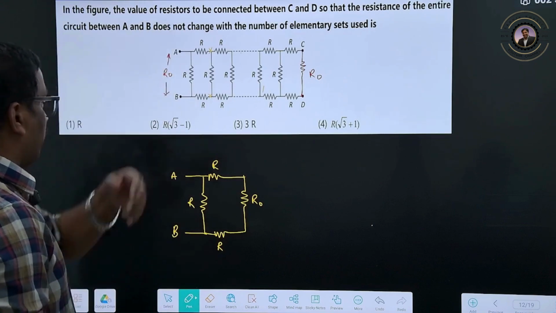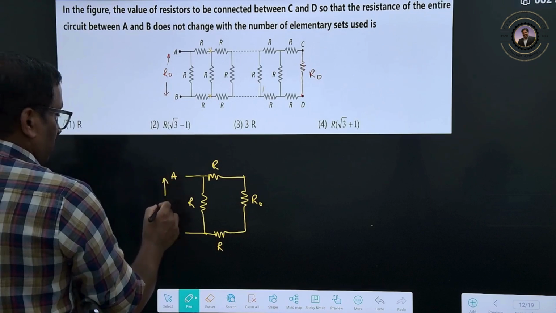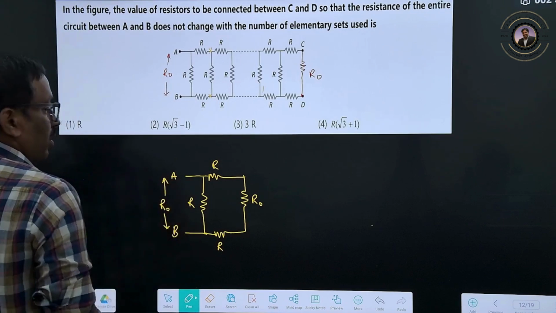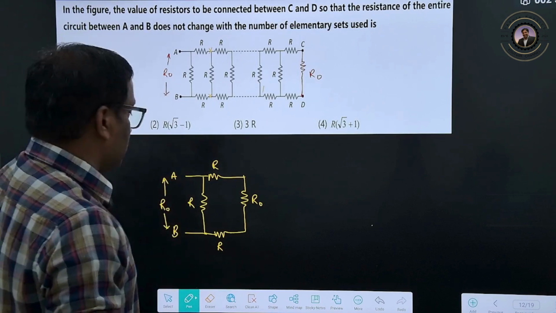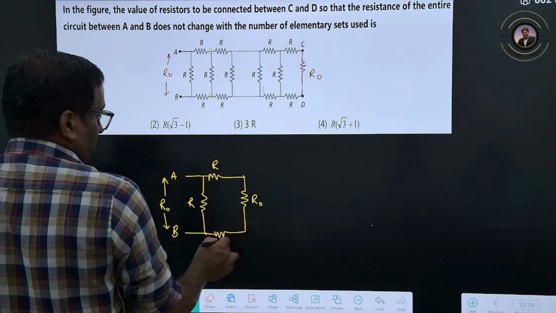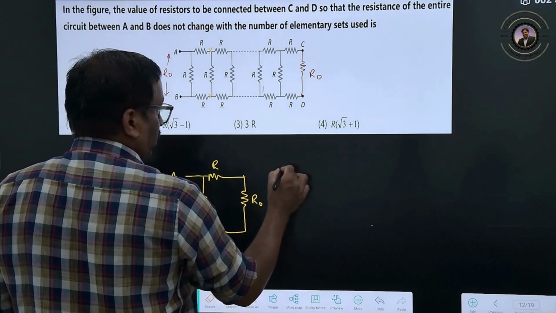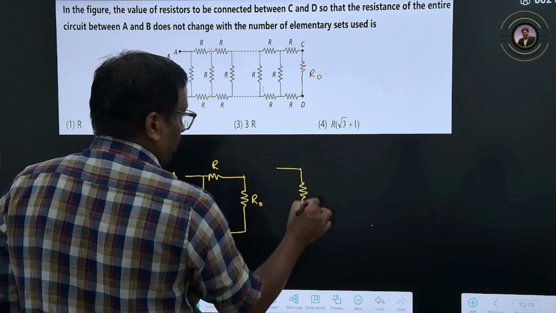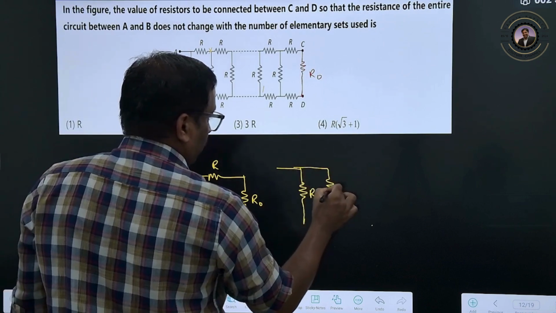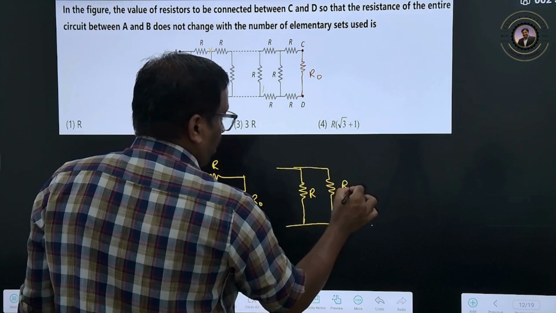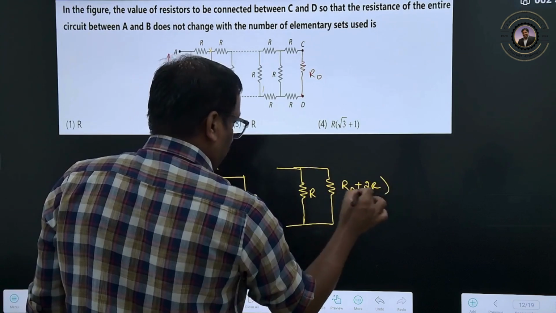Now across this also, the equivalent should be equal to R naught. We want to calculate this R naught. So how is it? These three are in series. Therefore this will become R, and this will become R naught plus 2R. Clear?